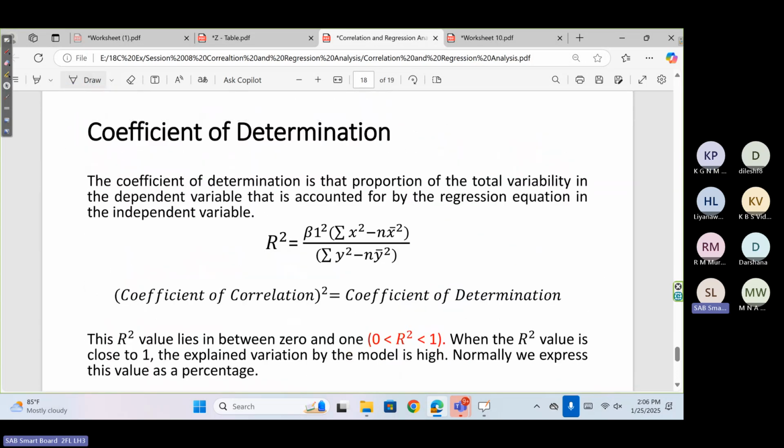Now we move to the last measurement: the coefficient of determination, denoted by capital R squared. If we know the correlation coefficient, there is no need to calculate R squared using the formula, because the coefficient of determination is equal to the square of the correlation coefficient.